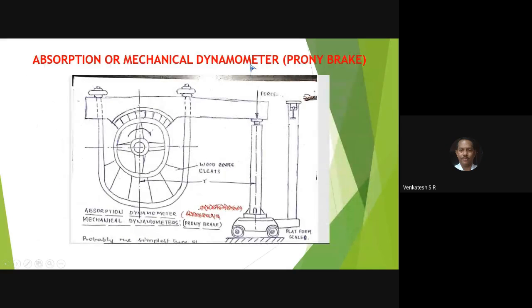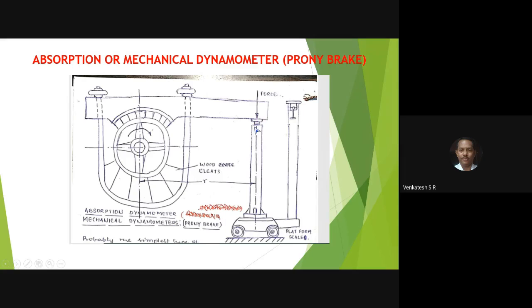Next, come to the method of measurement of torque by using the absorption method, that is the mechanical dynamometer which is available, that is called Prony brake. We already discussed the platform scale. All of you observe here, this is the platform scale, this is the platform.